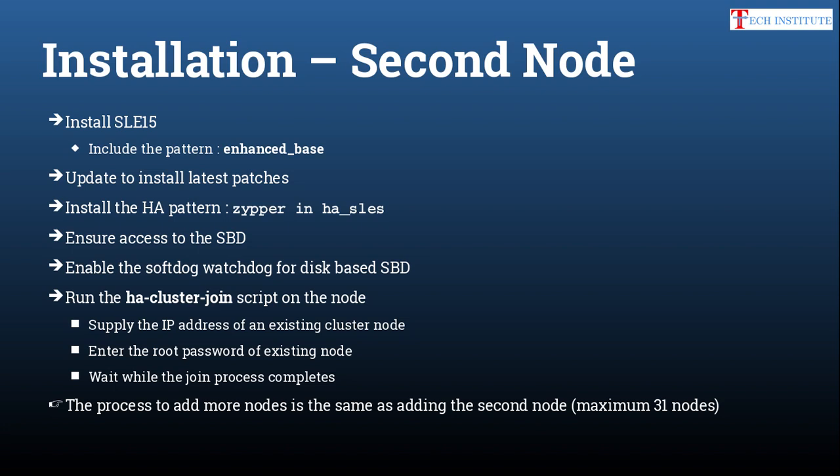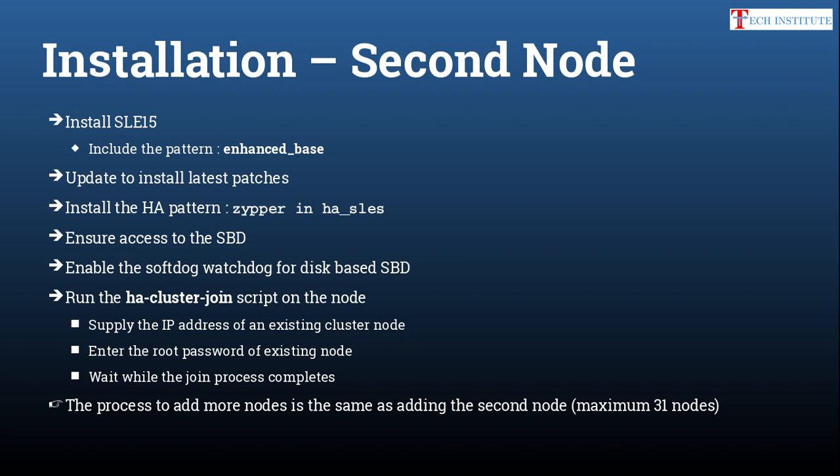Then you run the script called ha-cluster-join, not ha-cluster-init. Here you supply the IP address of an existing cluster node, and you put the root password for that node, and then you wait for it to complete the joining process. Once it's done, you can run crm status and you will see that your cluster is configured as a 2 node cluster.